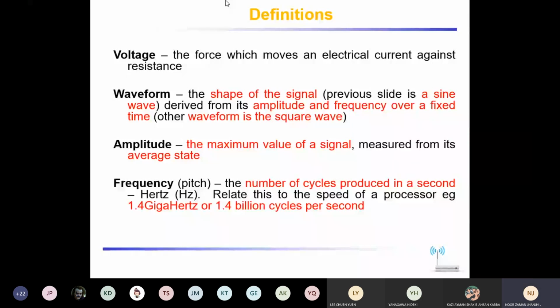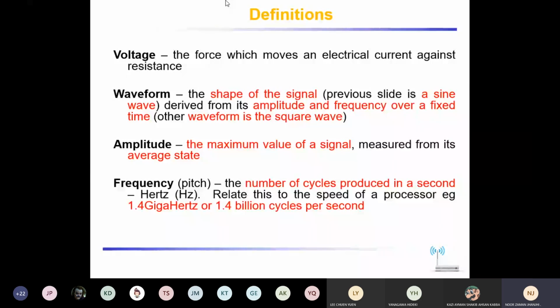You are not supposed to memorize these, but we provide them so you can get the basic idea and understanding of the background for signals, amplitude, period, and frequencies. All of these are components, parts of wireless transmission.